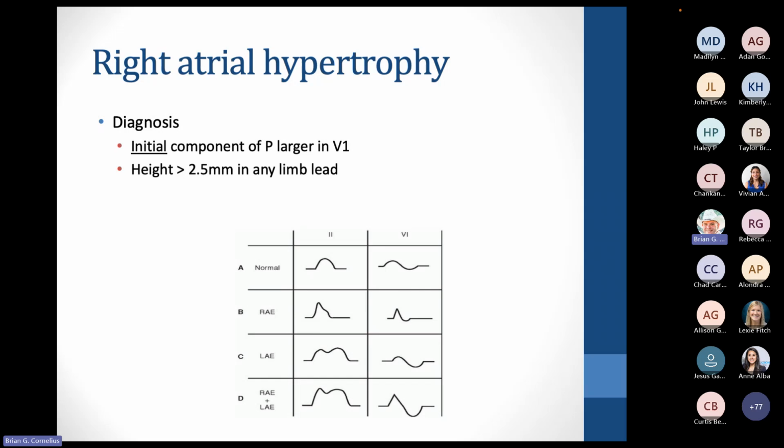Don't get fixated on this, not any more than you did before. Just be mindful of kind of the interpretation rules you can use for axis deviation as well as the hypertrophy. It's just a refresher. Like I said, this isn't something I'm really wanting you to get fixated on.